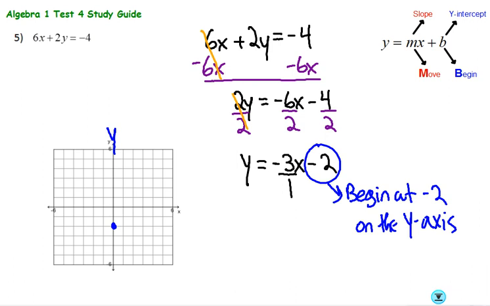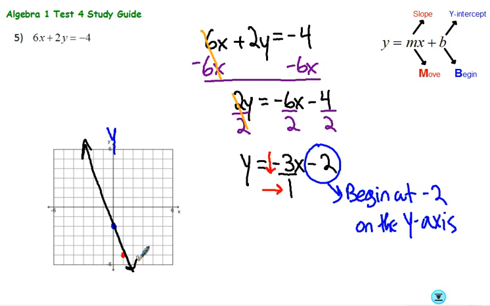That says negative 3, which means we're going to go down. And the number on the bottom is always to the right. You're never going to go to the left. Down 1, 2, 3, over right 1. It's an equal sign, right? So we don't have to worry about all that shading stuff, no broken or dotted lines. Just draw a line. Easy stuff.